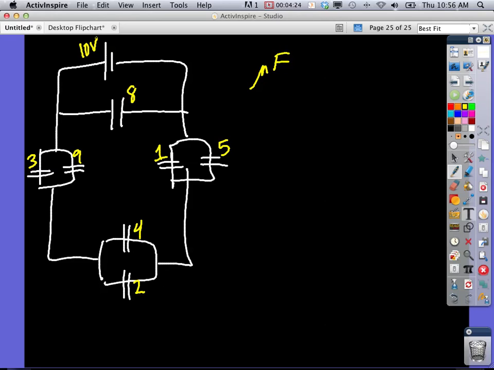So, go. I want to know the charge on every capacitor. Or do you want 10 over here? So then let's make this 12 volts.